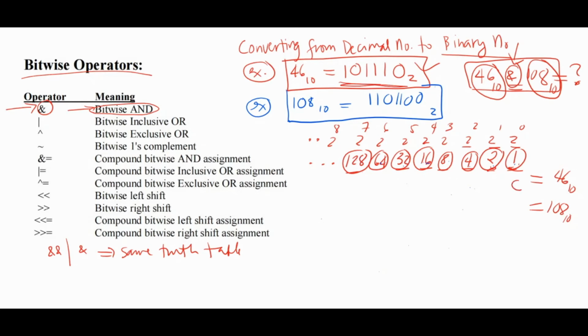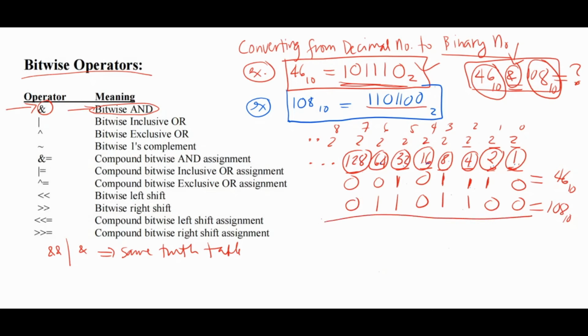From the rightmost bit going to the left, it is 0, 1, 1, 1, 0, 1, and all the rest we set to 0. And for 108, the binary equivalent is that. From the rightmost bit, we write here 0, 0, 1, 1, 0, 1, 1, and we set the rest to 0.